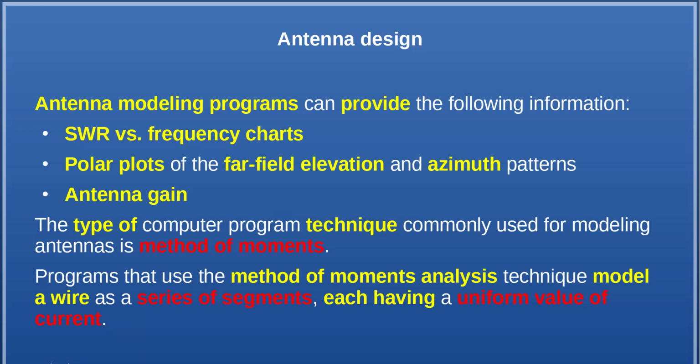EasyNet uses that calculating engine with a different front end on it, where you can input parameters in a spreadsheet kind of form or tables and model antennas with it. So it's a little easier to use than having to run a Fortran program.